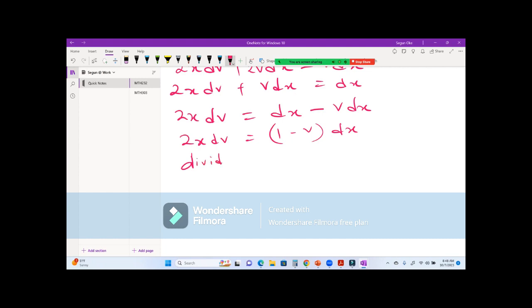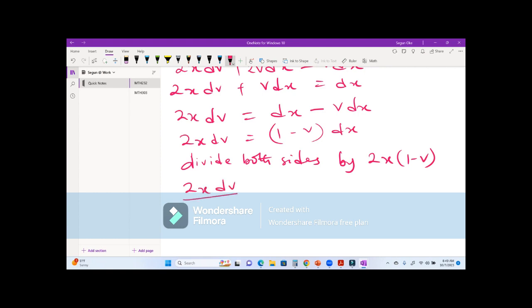Divide both sides by 2x(1 minus v), because I need this and I need this. So I would now say 2x dv over 2x(1 minus v) equals to (1 minus v) dx over 2x(1 minus v).